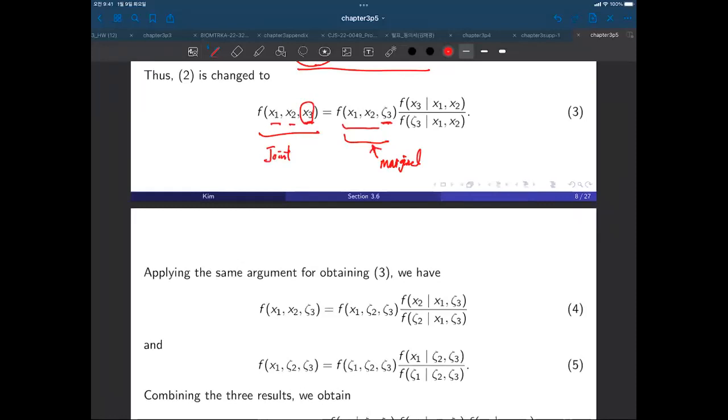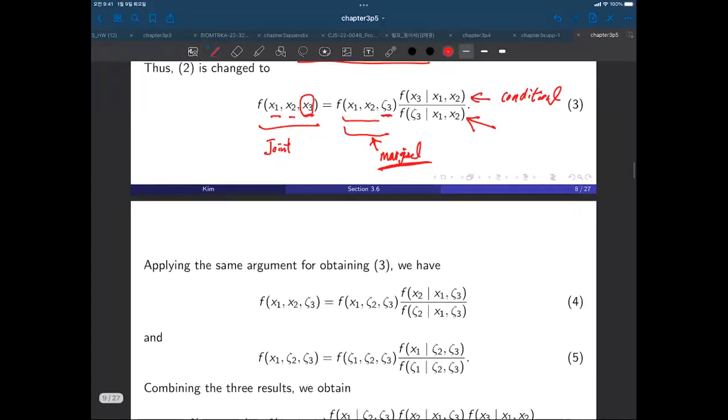And this is still conditional, but the denominator is the extra term to make up for this change. So you can understand it that way. Don't worry about this, and just view it as a conditional joint.